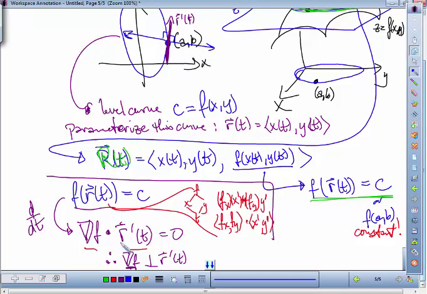This is 2 dimensions. The gradient is perpendicular to a tangent vector to the level curve. Therefore, it's perpendicular to the level curve.